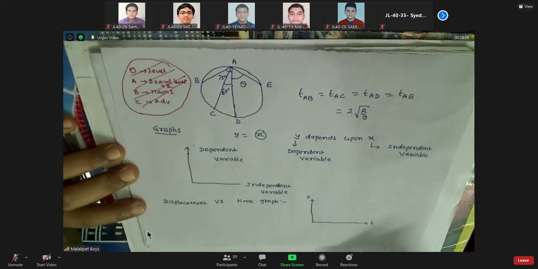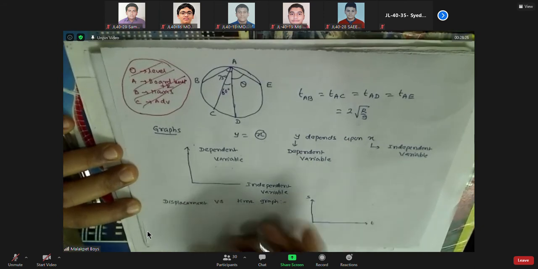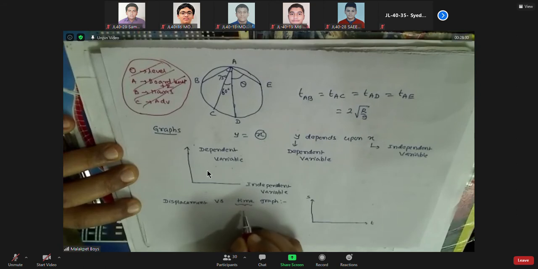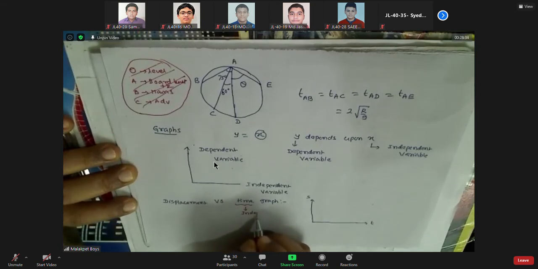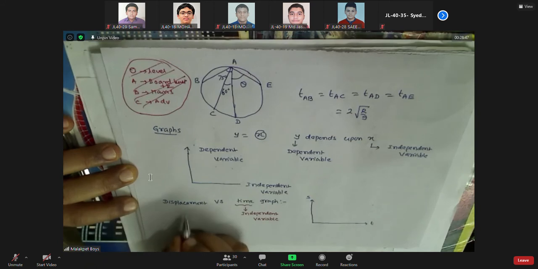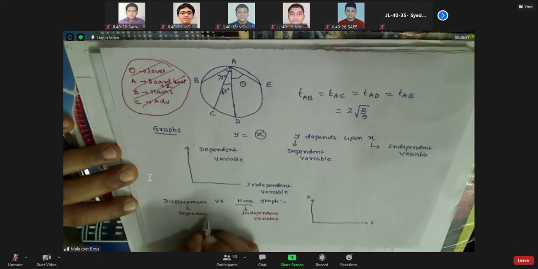Agreed? Out of this, what is the dependent and what is independent? Time is independent. Independent means time goes on flowing, whether the displacement is zero or increasing anything. Time will not stay. That's why we take time here, and this is the dependent variable. Any graph we generally draw like this.